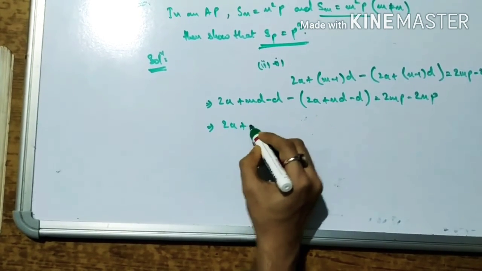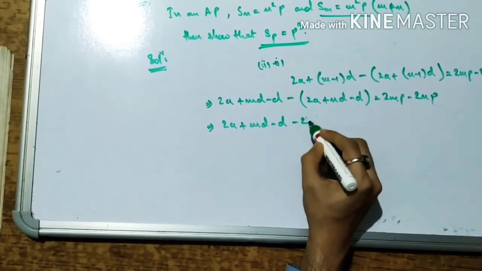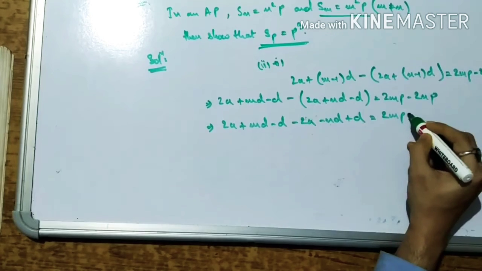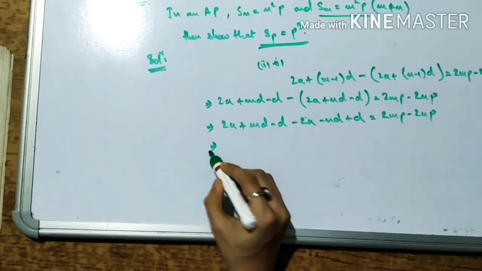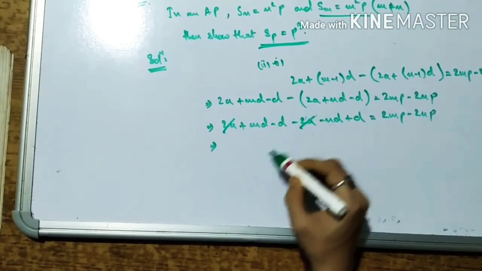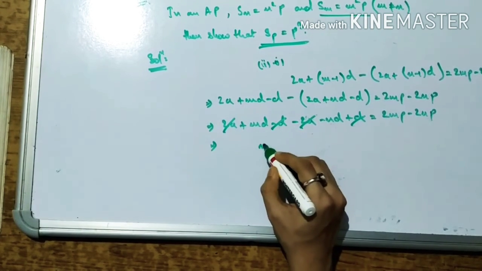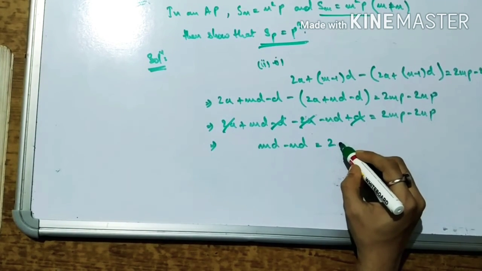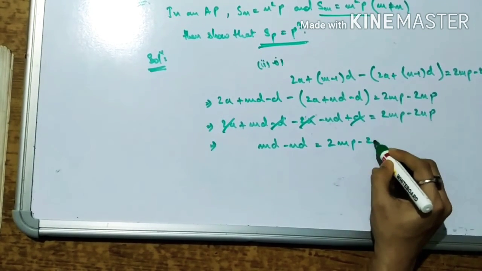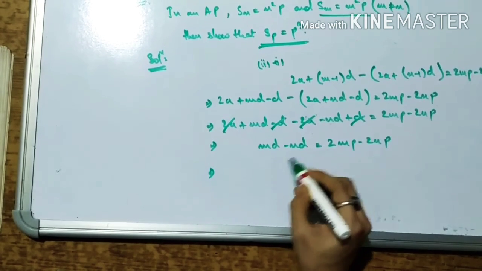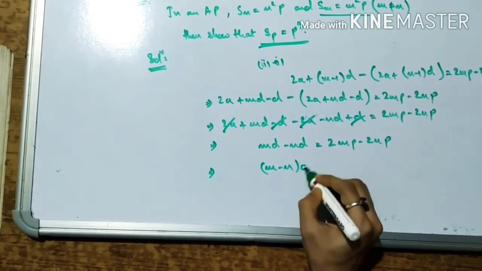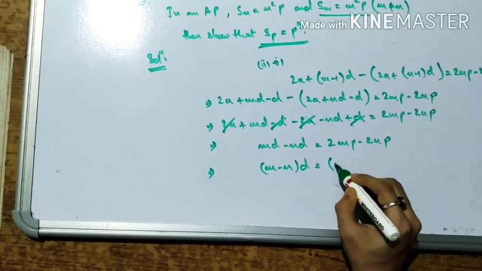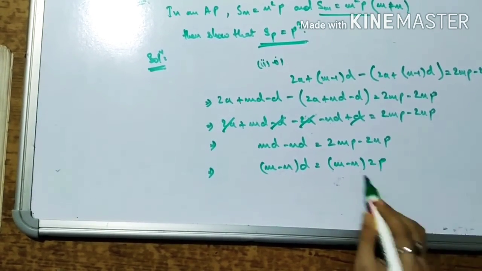So here again 2a plus md minus d minus 2a minus nd plus d is equal to 2mp minus 2np. So now here you see this one and this one I can cut, d and d I can cut. md minus nd is equal to 2mp minus 2np. So here d I will take common, (m minus n), and here 2p I will take common, (m minus n) 2p.